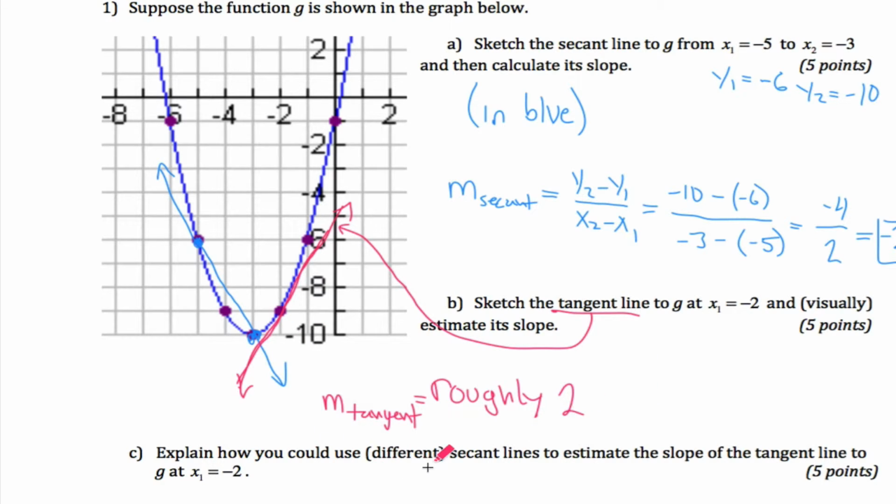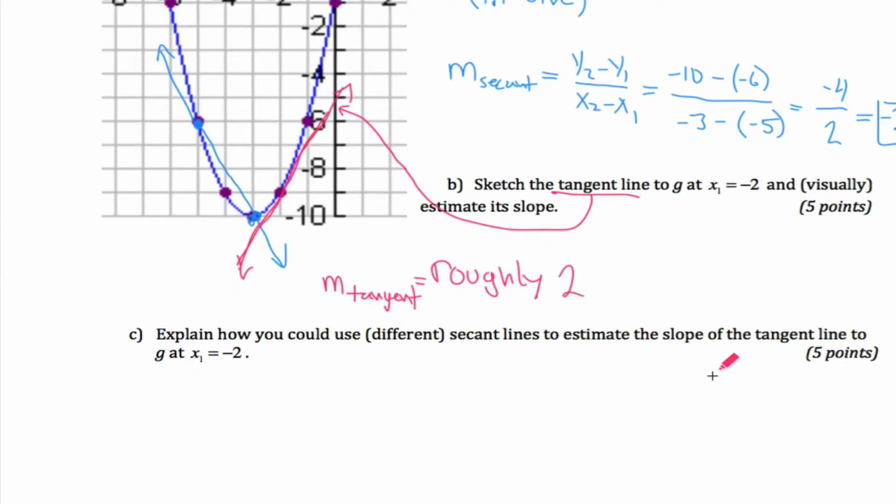Okay. Explain how you could use different secant lines to estimate the slope of the tangent line to g at x1 equals -2. Let's switch colors.